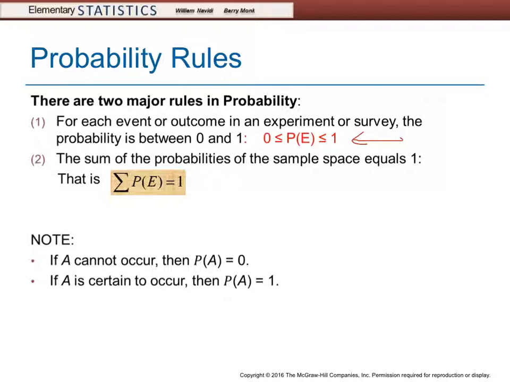Also, in a probability experiment, the sum of the probabilities of the sample space equals 1. That is, the summation of all the probabilities is equal to 1. Note, if A cannot occur, then P of A is equal to 0. If A is certain to occur, then P of A is equal to 1.